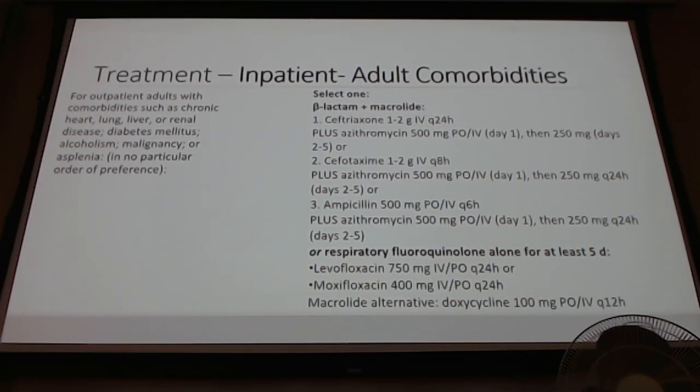All right, so now we have our inpatient adult with comorbidities. So the same comorbidities that we saw in the previous slides. These ones just use some beta-lactam, or in this case, a third-gen cephalosporin, and then we are giving it IV. So our most common one is ceftriaxone or Rocephin for inpatient, especially in the ER when they show up.